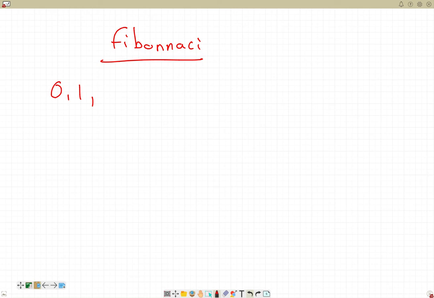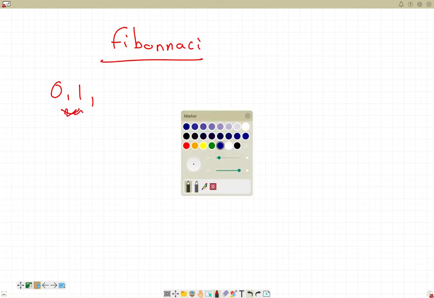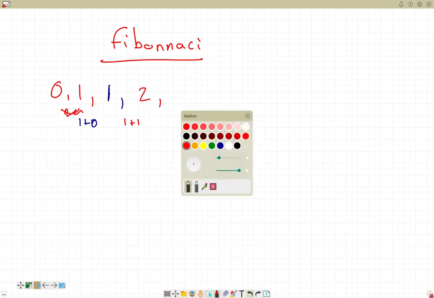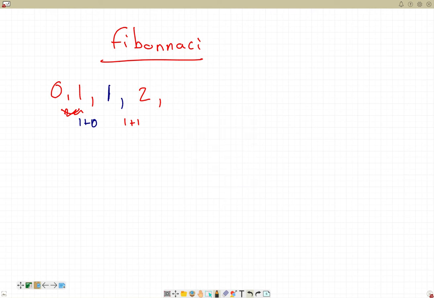So 1 plus 0. Yeah, so to get the next term, I have to do 1 plus 0, which is 1. Okay, to get the next term, I have to do 1 plus 1, which is 2. Next term, I have to do 2 plus 1, which is 3.